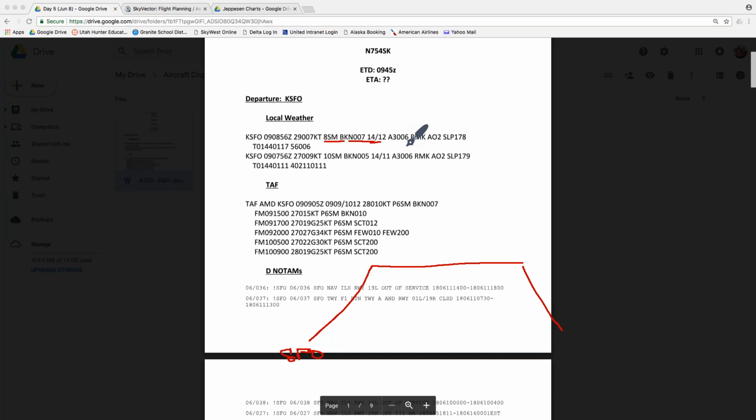So what I write down for San Francisco is I would just do the winds 290 at 7, real quick. 290, 7, and then 8 miles visibility, broken 7. I mean, this is just for reference, right, when we're flight planning. And then the 14 and 12 there.